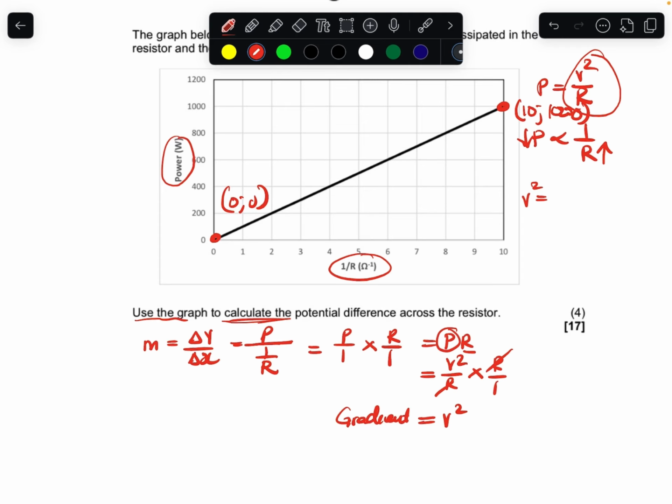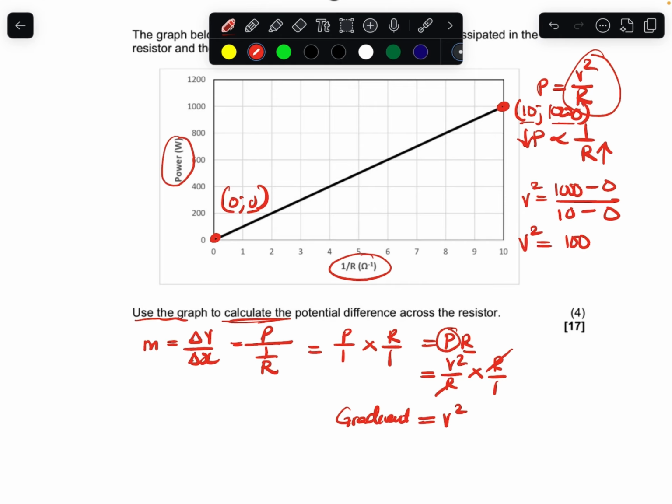So it's going to be y2, which is the 1000, minus the y1, which is 0, over x2, which is the 10, minus x1, which is 0. So it's going to be 1000 divided by 10. It's 100, right? And then it's V squared.